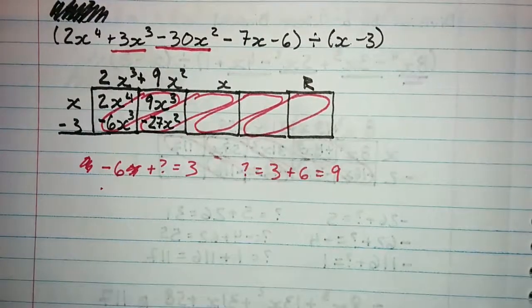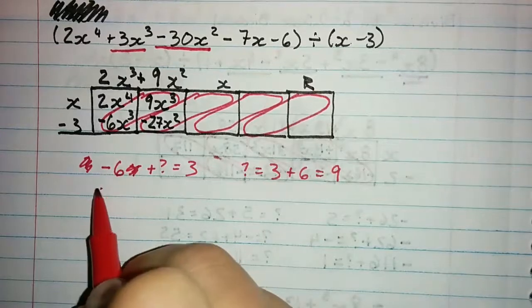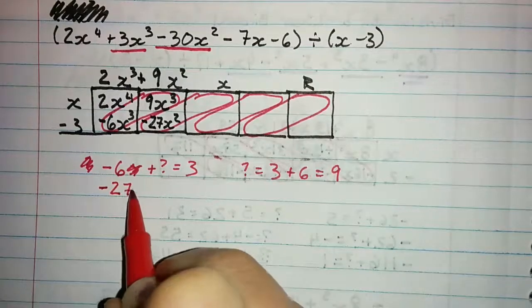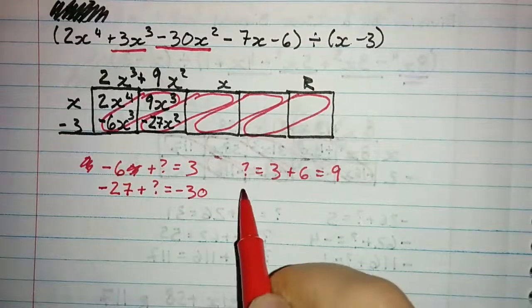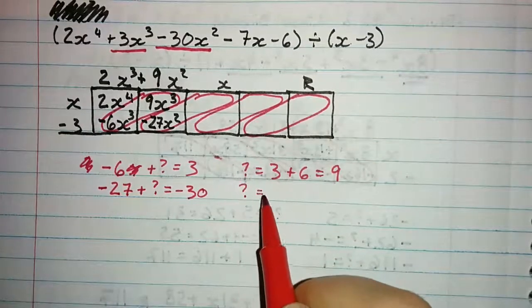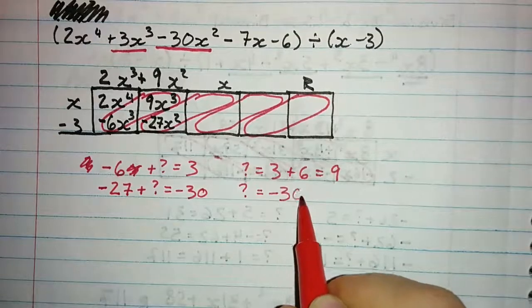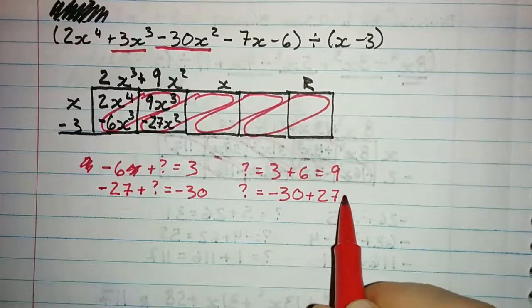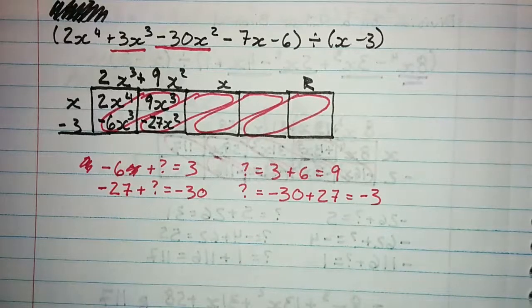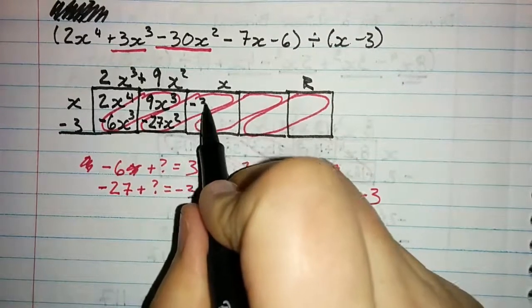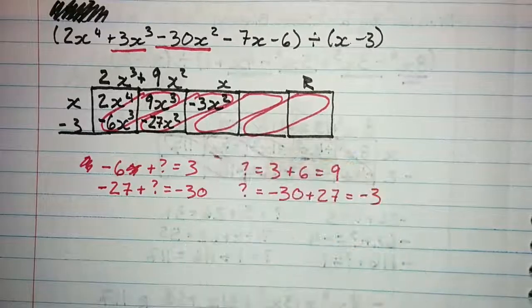I'm going to need to have negative 30x squared altogether. Negative 27 plus what gives me negative 30? Well, what is negative 30 plus 27? So negative 3. I'll need negative 3x squared up here.